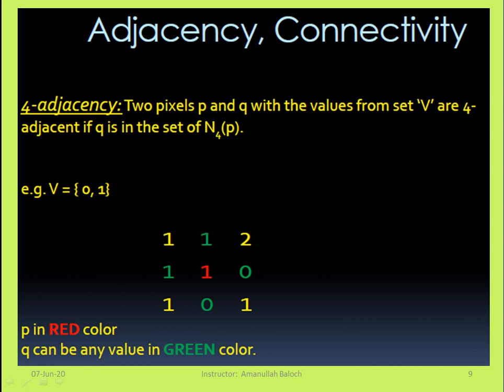So these green pixels are the 4 neighbors of this red color pixel. Q can be any pixel in green color, one at a time. This is P, then this may be Q. This is P, and this may be considered as Q. And we have to find the adjacency in the light of this set V.